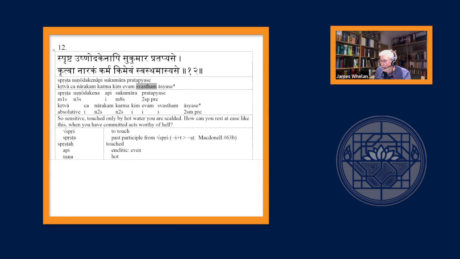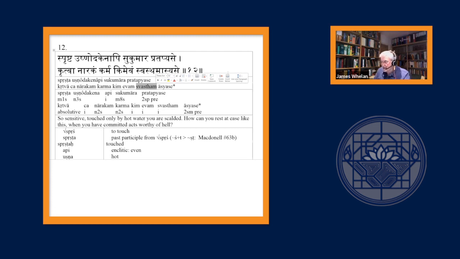Swastham, that I have highlighted there, you'll see that in the grammatical analysis I put an I for indeclinable. In fact, it's the accusative used as an adverb.